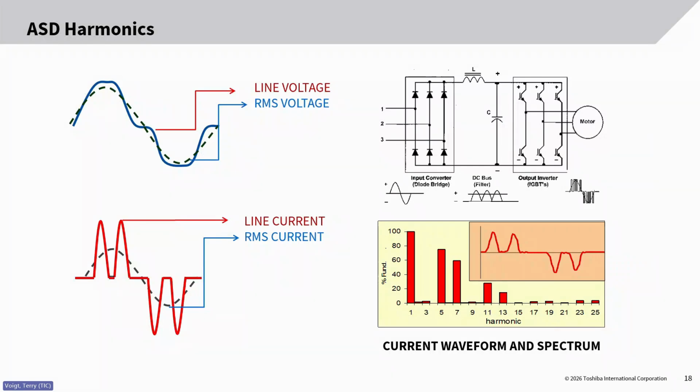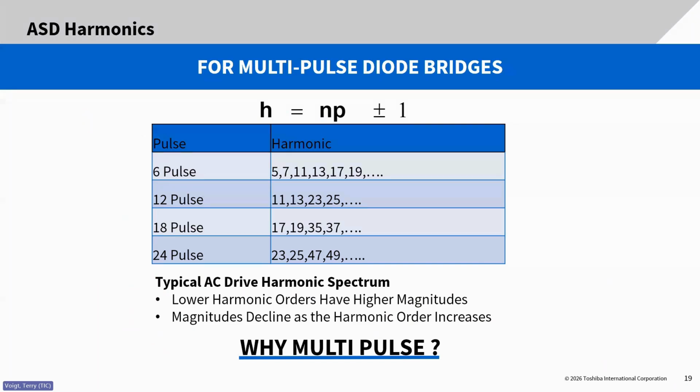Here's a little more information on, like I said, 6 pulse, 12 pulse, 18 pulse. These are common pulse counts in a drive. In a low voltage drive, we normally see a 6 pulse drive. That's the most common one on the market. Also, we can have higher pulse drives, like a 12 pulse or 18 pulse drive.